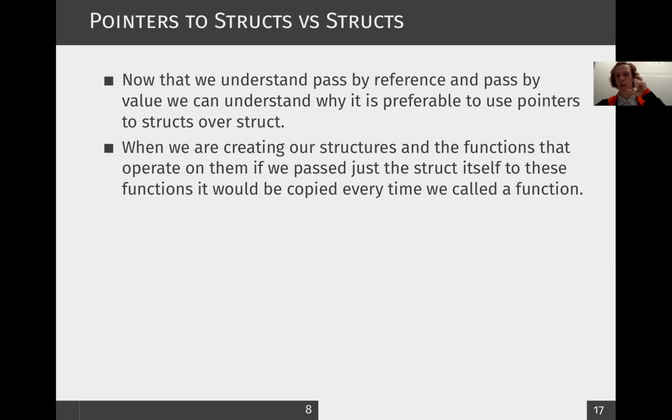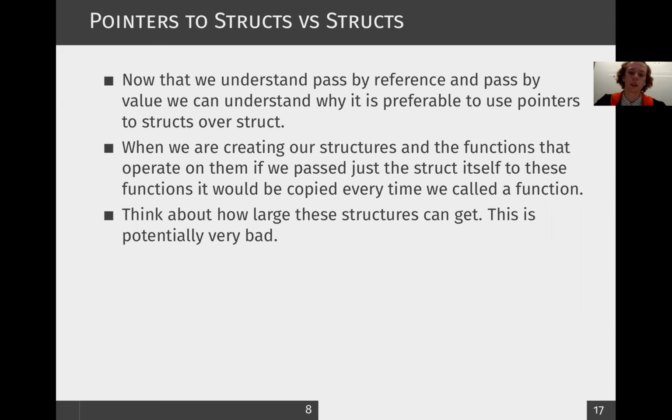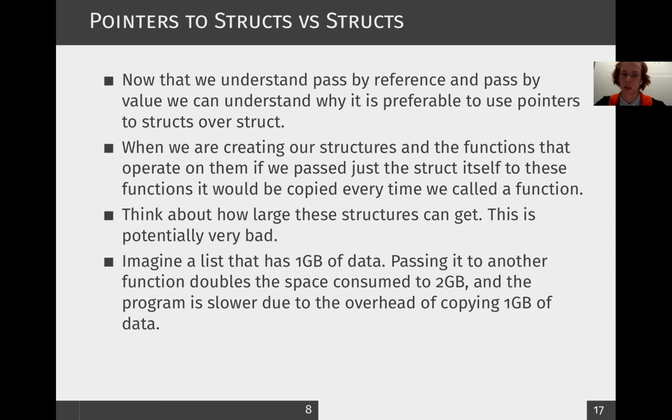Again, a pointer is constant size. It's 8 bytes. A struct can be massive, huge, a couple megabytes, which is very large. Or consider a list that has a gigabyte of data, maybe like the dynamic array that we made previously. If we pass that to another function, that thing itself, we have doubled the space consumed. We copied that entire 1 gigabyte of data into a local variable.